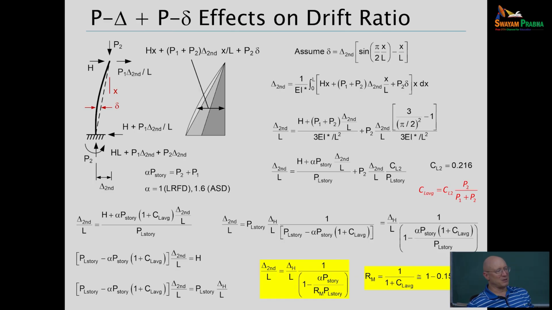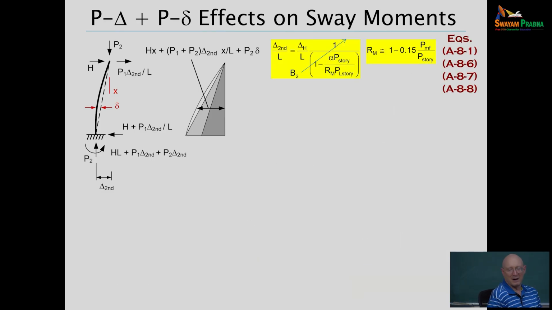You say, oh, I'm solving a drift problem. That's a large delta. But you're getting bending in the columns. You've got some small delta effects that are influencing your drift. All right? So that's the final form that we end up with in Appendix 8 of the AISC standard.